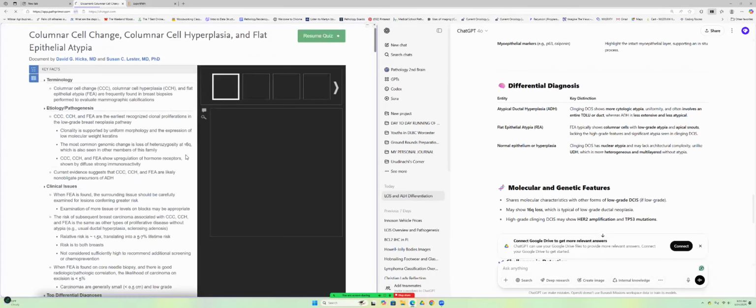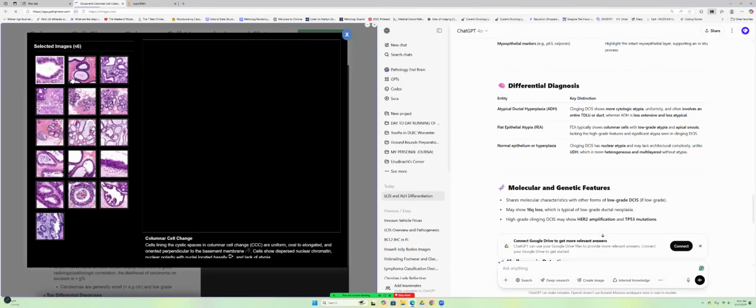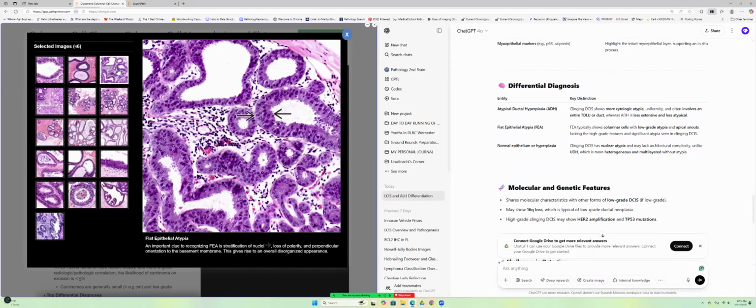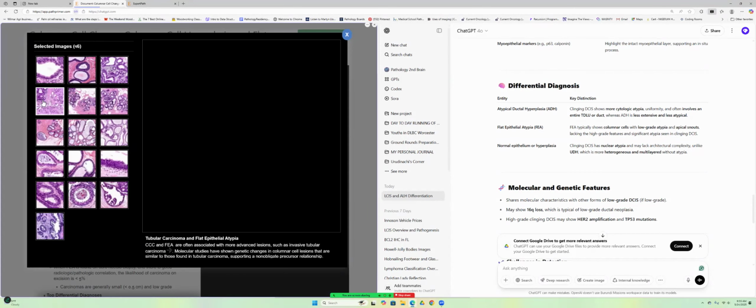Remember, we saw something like that. Columnar cell changes should not be more than 2 layers thick, naturally lining the basement membrane. When they are cuboidal cells, dilated sinuses, and 2 layers or more, they become atypical cells forming multiple layers.